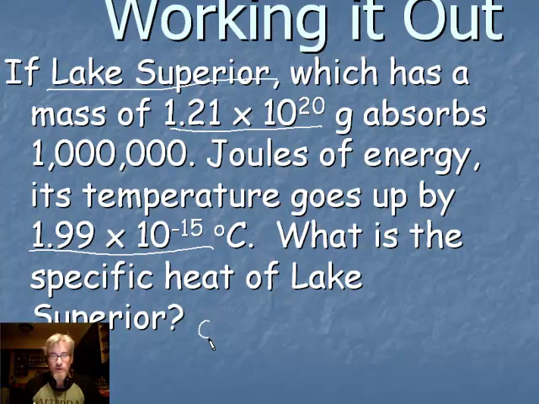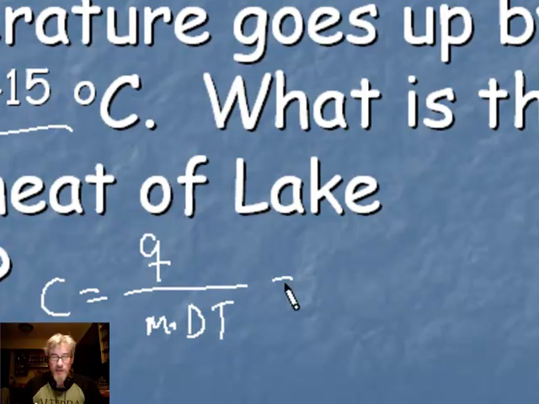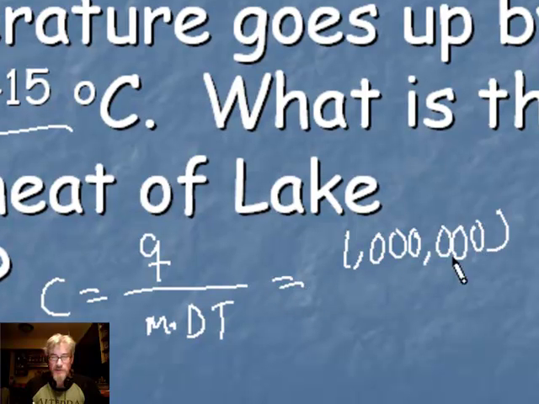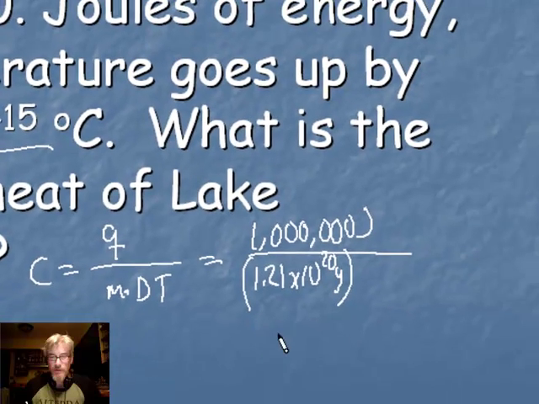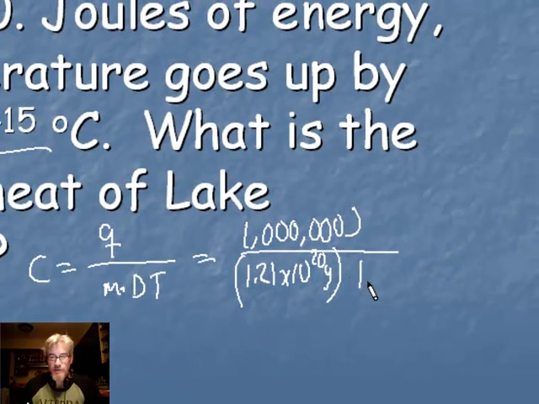Well, again, specific heat is Q divided by mass times temperature change. So Q is 1,000,000 joules. The mass of Lake Superior, it says here, is 1.21 times 10 to the 20th grams. And the temperature change is 1.99 times 10 to the negative 15th degrees C.